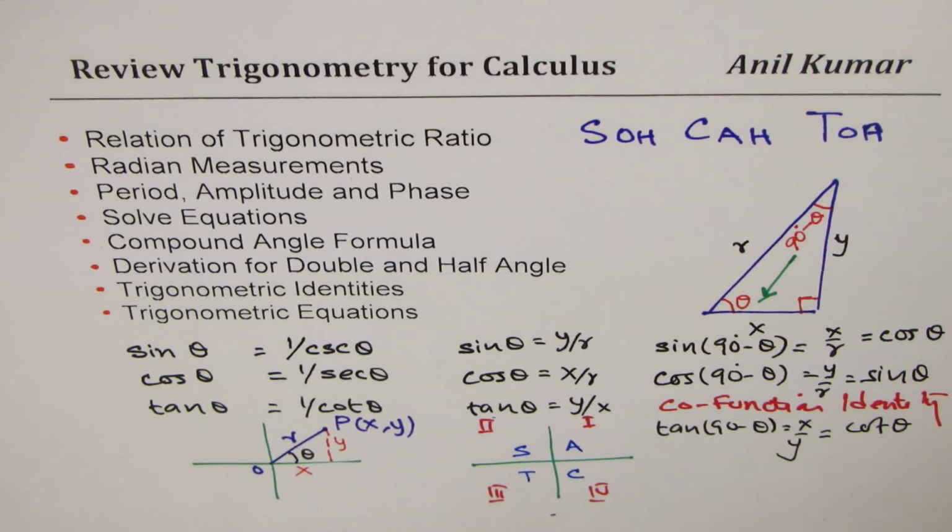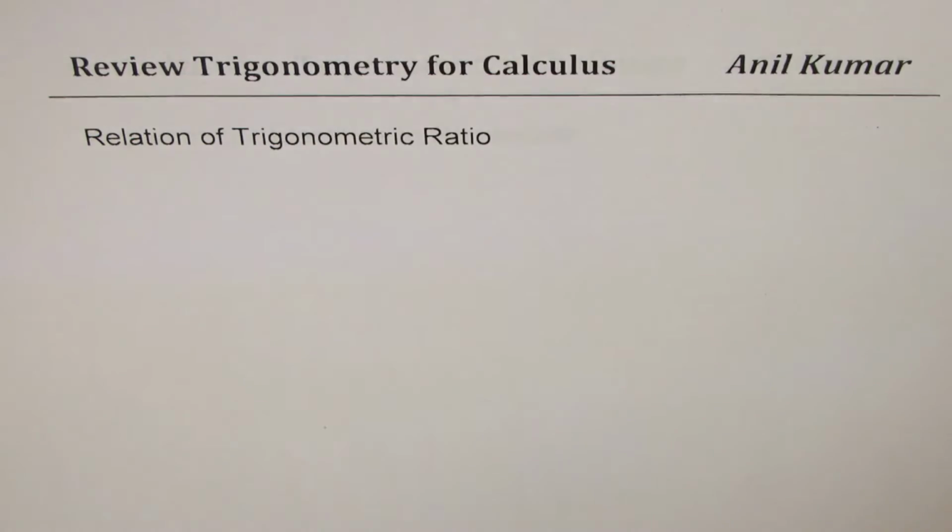So let's move on and see some other relations of trigonometric ratios. We'll talk about now the Pythagorean identities.